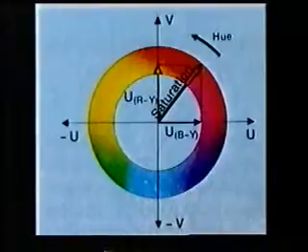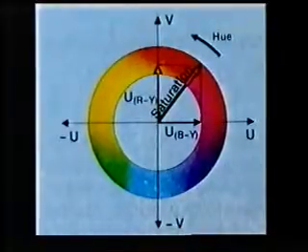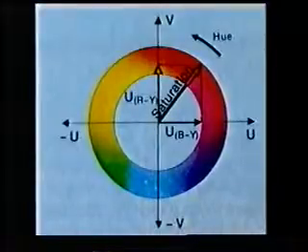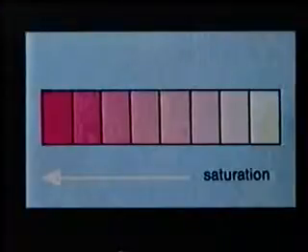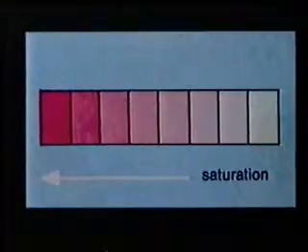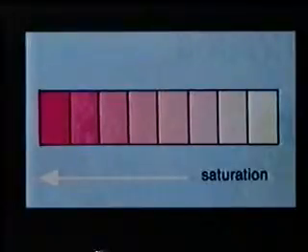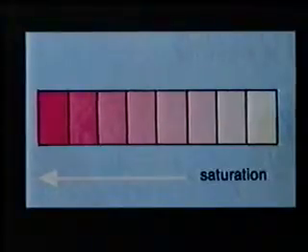And saturation can be defined as the amplitude of the vectors, which is explained in the next diagram. Saturation expresses the degree to which a certain color includes white. Thus, a pure color has saturation of 100%. A color that is completely saturated contains no white at all.